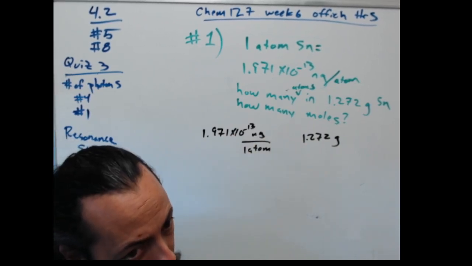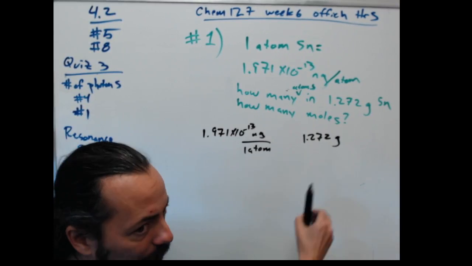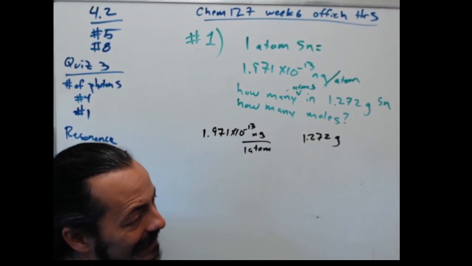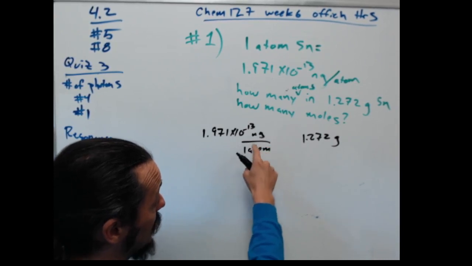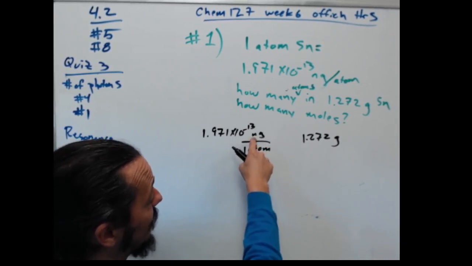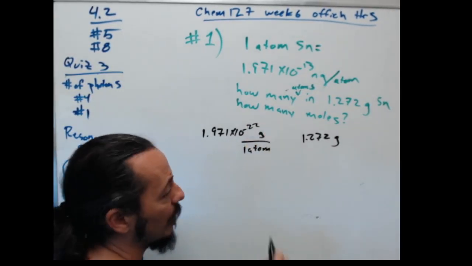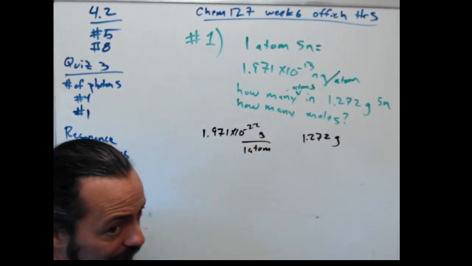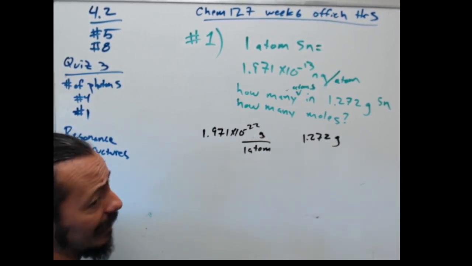I either have to make this one into grams or this one into nanograms. Either way works. Normally I would just make this one grams, and that's going to be a 10 to the minus 9, so that's going to switch that to a minus 22. Let me do that separately just to make sense of it, but once you get good at unit analysis, you can do that sort of thing.